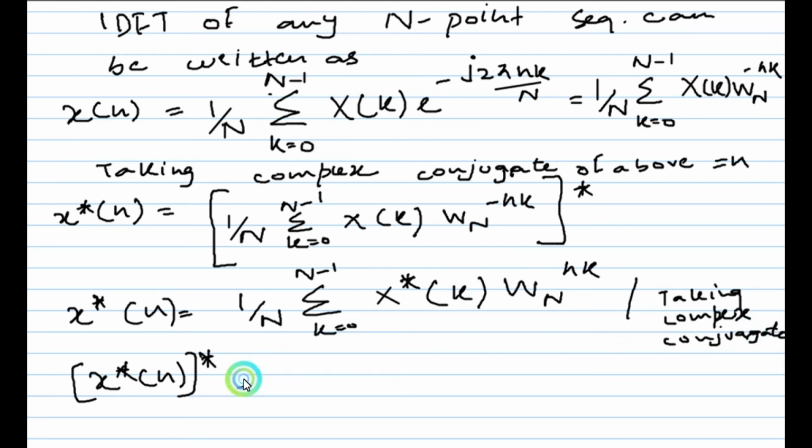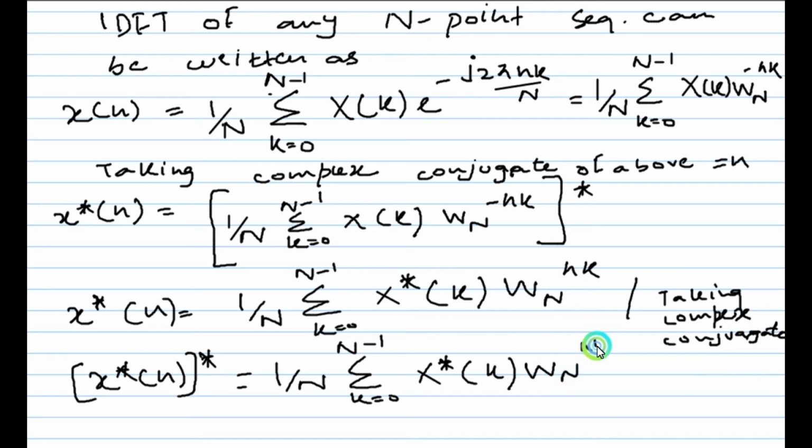and so this will be equivalent to x conjugate n whole conjugate, equivalent to 1 by n summation k running from 0 to n minus 1, x conjugate k Wn nk, and this will be conjugate, fine.